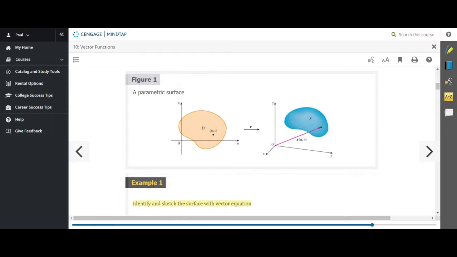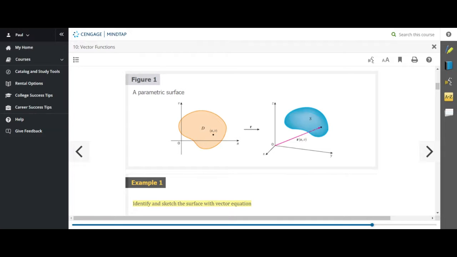Well, for parameters u and v, you can have a u-axis and a v-axis and coordinates uv. These coordinates uv are different values of the parameters, and they form a region D or domain. And based on the values of the parameters u and v, we define a vector function r that is a function of u and v.